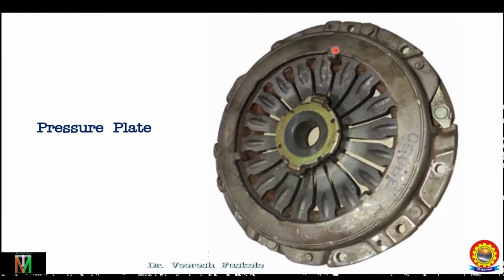When the diaphragm spring is pressed in this way, the pressure plate is moved away from the clutch plate by the spring action of the fingers. When the force is released, the motion happens in the opposite direction. So the diaphragm spring is used to engage and disengage the clutch, and its actuation takes place through the release bearing.